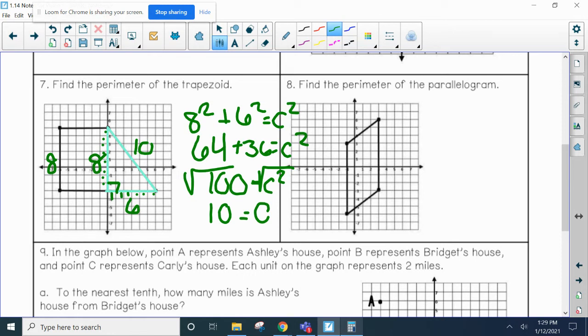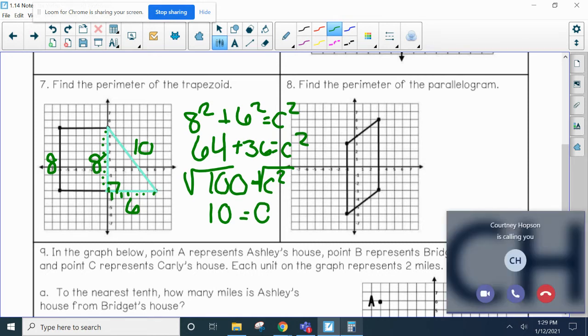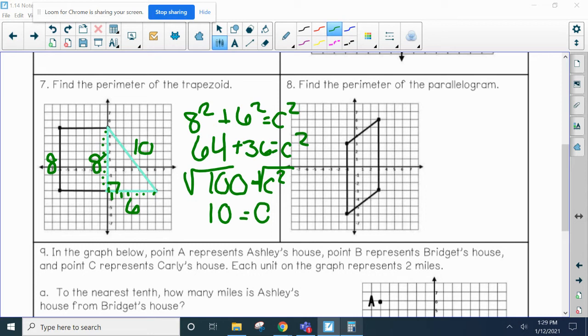Well, I already found that this part of the trapezoid on this bottom half, this is 6. So if we kept going, we could say 6 from here to here, and then 7, 8, 9, 10, 11, 12. So the whole side is 12.